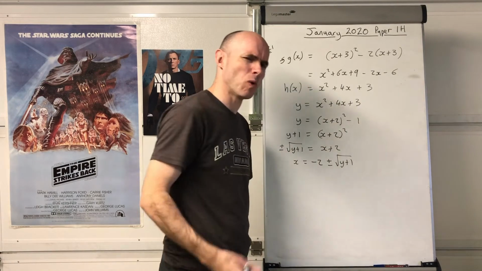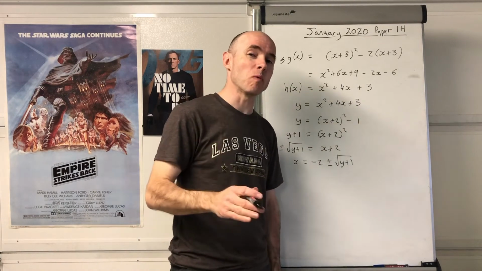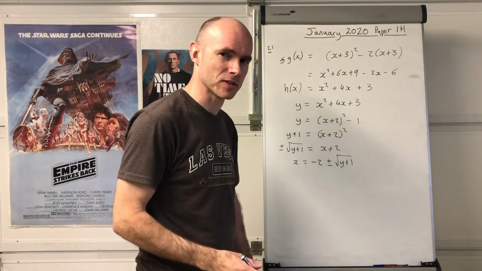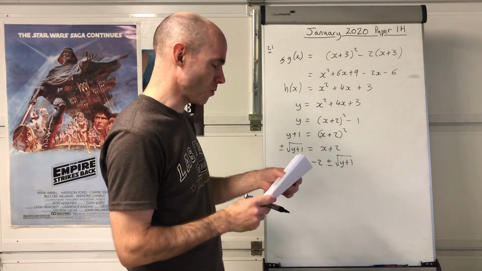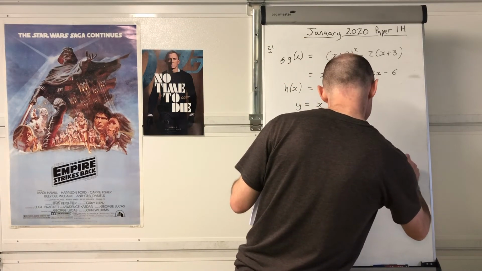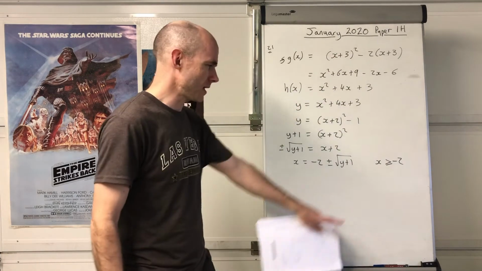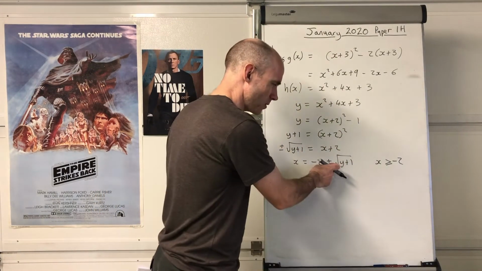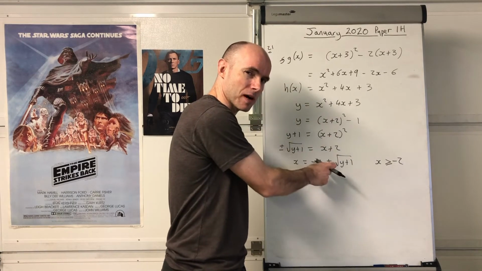Why do you get away with it? This is explained in a lot more detail in year 13. But at the top of the question somewhere, it says x is greater than or equal to -2. They didn't just put that in for the sake of it. They put it in to tell you that it can't be plus minus, it's one or the other.